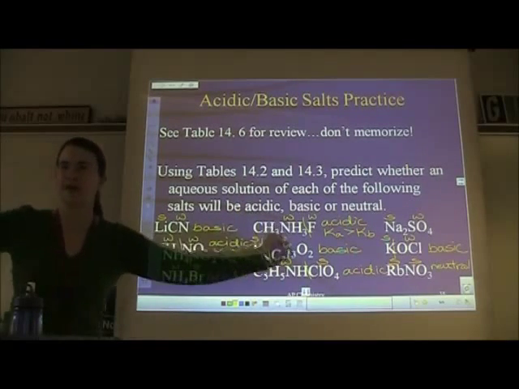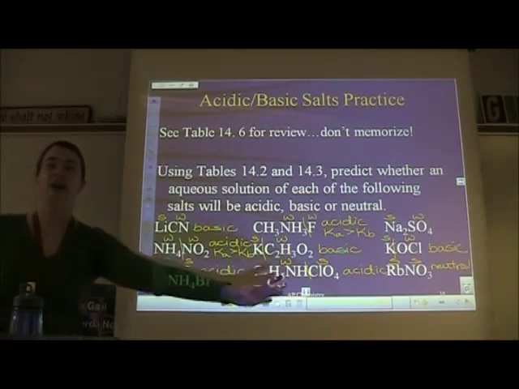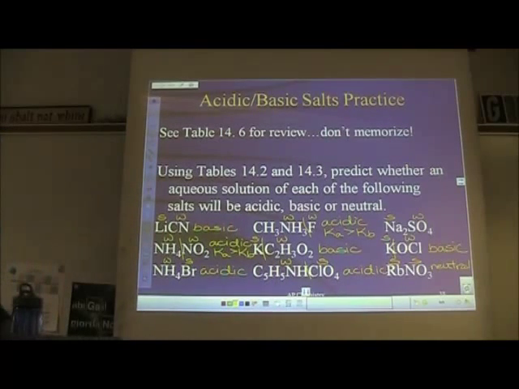One gets pulled off at a time, while one gets added one at a time as well. The acid that could form here is not H2SO4, it's HSO4 minus, which is a weak acid. So ladies and gentlemen, this is a basic salt.